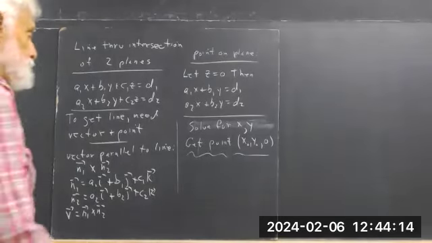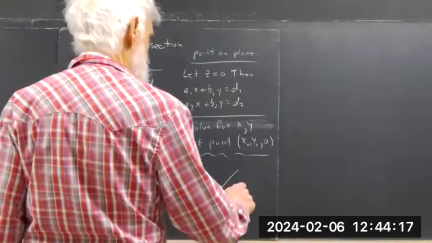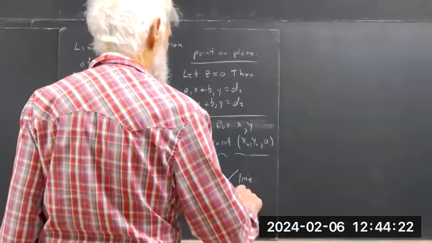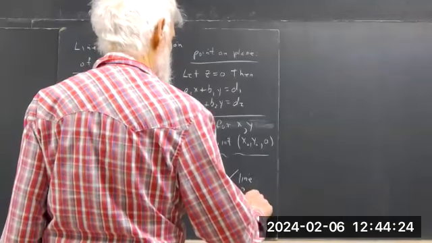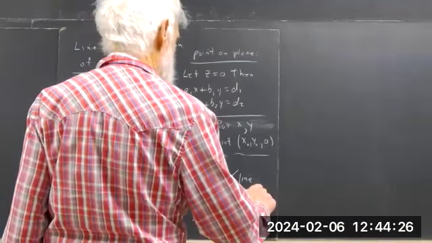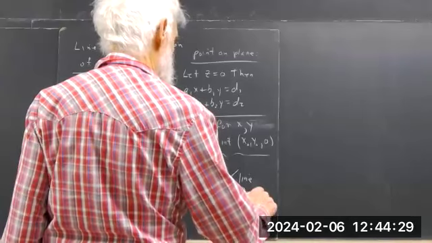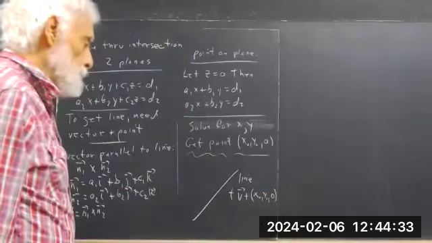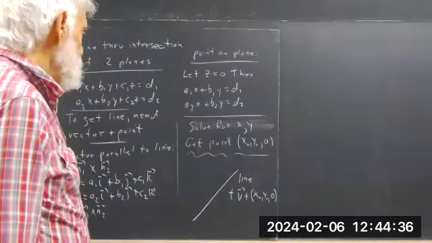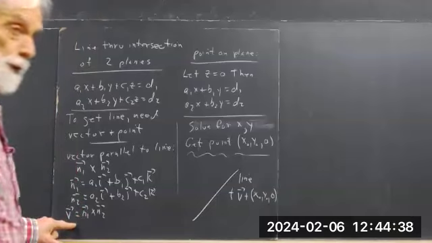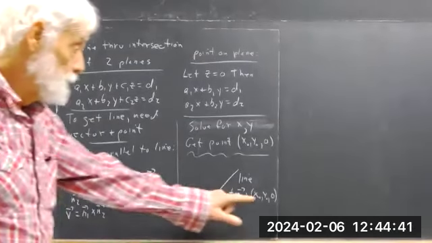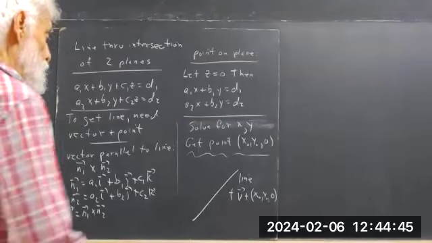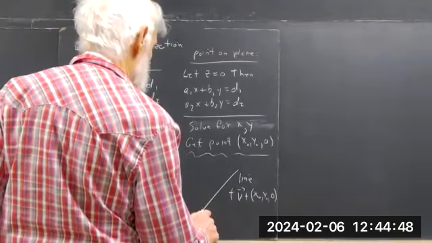Okay, so you've got the line, parameterized by t times v, where v is this vector, plus your X naught, Y naught, Z naught, point on the line. So let's just say that this point is down here in the XY plane.